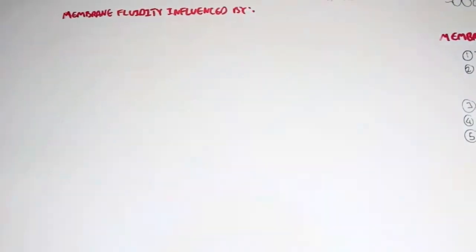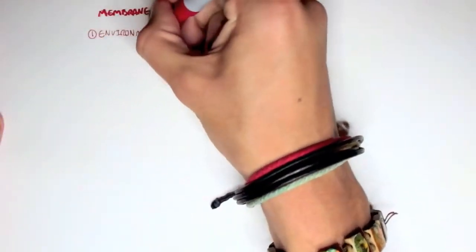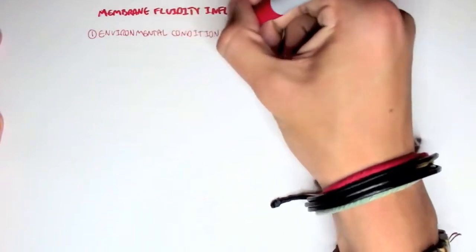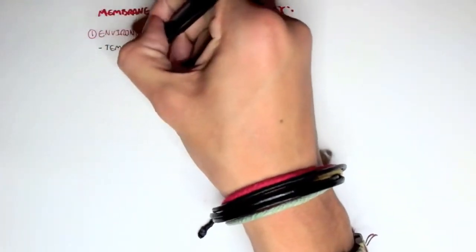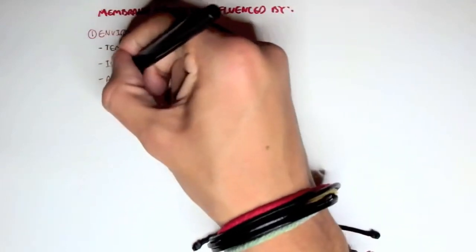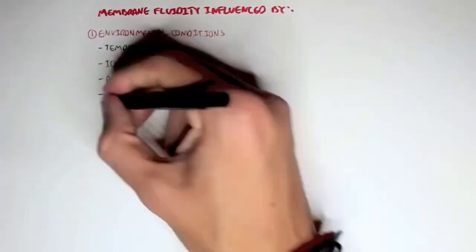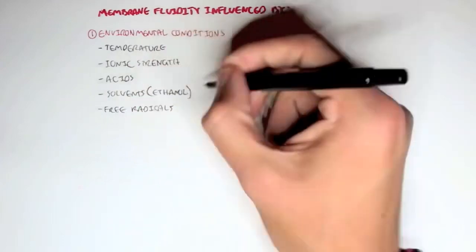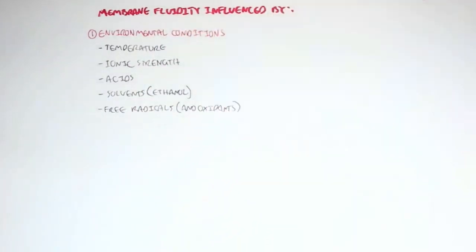Now let's talk more about membrane fluidity and what it's influenced by, and look at other factors, such as environmental conditions. As mentioned before, temperature plays a vital role in the environment, and we also have the ionic strength within the area, whether there are a lot of ions around, the acidity, if there are solvents present such as ethanol, and if there are free radicals and oxidants, which can potentially damage the membrane.